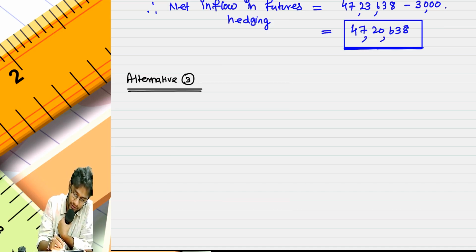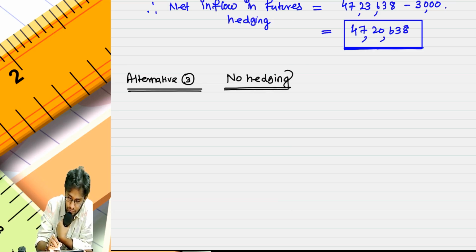What is alternative 3? No hedging. Sir, no hedging means what should I do?